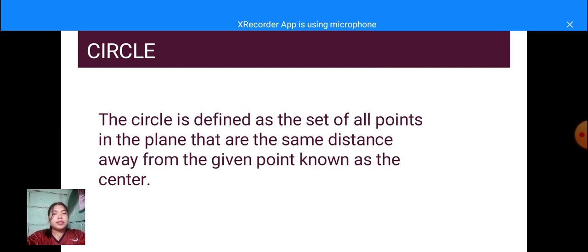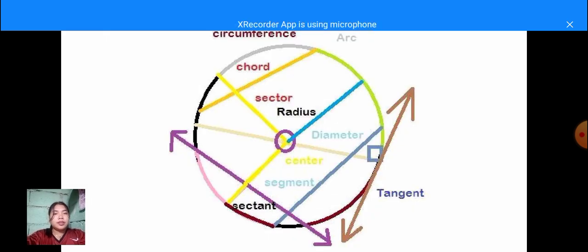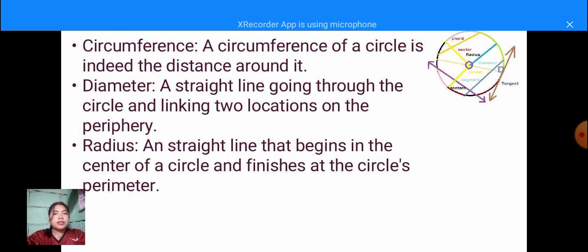Circle. A circle is defined as the set of all points in a plane that are the same distance away from a given point, known as the center. Here's the example. Circumference: the circumference of a circle is the distance around it.